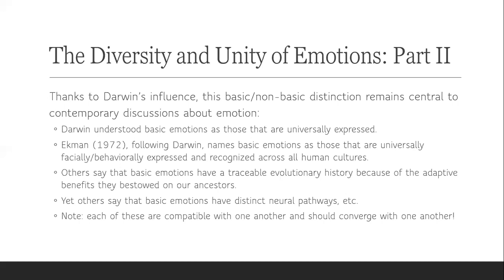Whereas other evolutionary psychologists like Cosmides and Tooby would say that basic emotions are those emotions that have a traceable evolutionary history, and we can trace it back through our evolutionary history, in part because of the adaptive benefits that these emotions would have conferred upon our ancient ancestors.